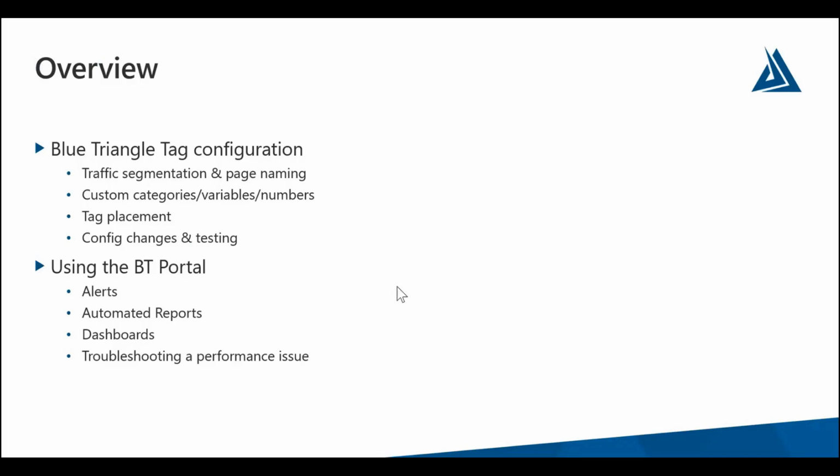We'll talk about tag placement and where you should or should not place the tag, as well as configuration changes and testing. Then as we get into the Blue Triangle portal, we'll talk about alerts, automated reports, dashboards, and we'll finish today with a quick walkthrough on troubleshooting a performance issue.